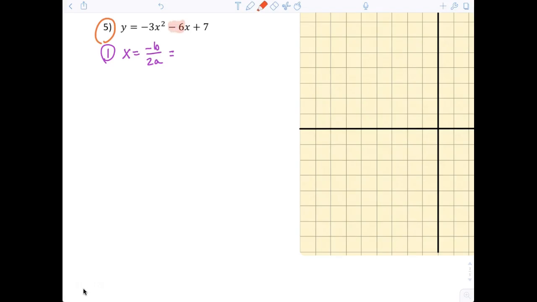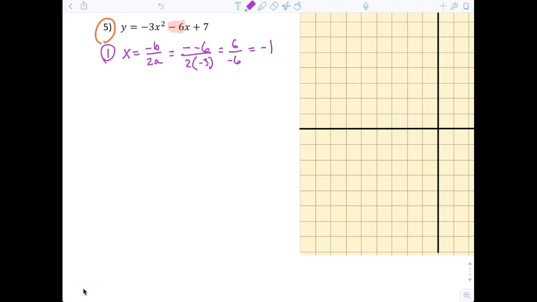B is what? Negative 6. So it's going to be negative negative 6. That's right. It just means the opposite of whatever it was. Over 2 times negative 3. So this becomes 6 over negative 6, which equals negative 1.